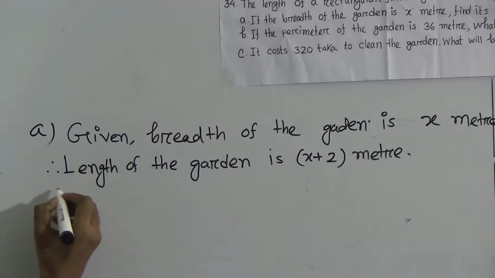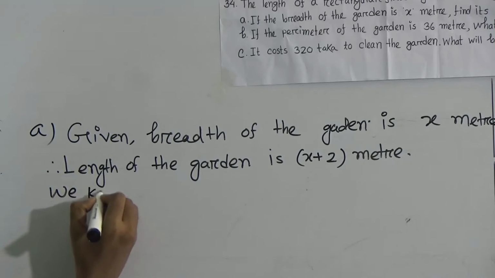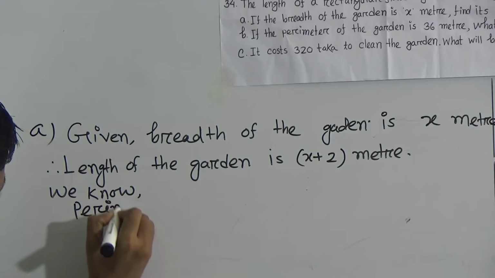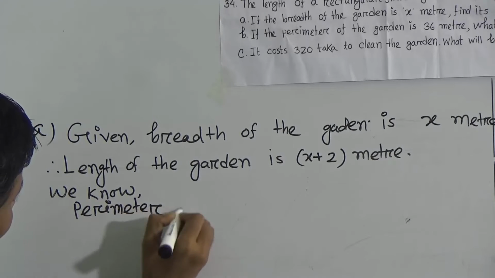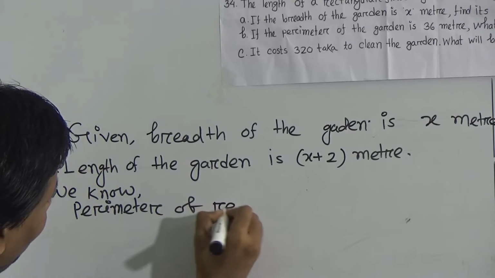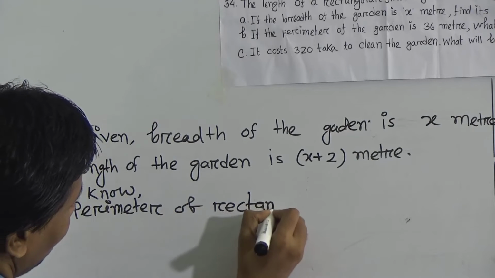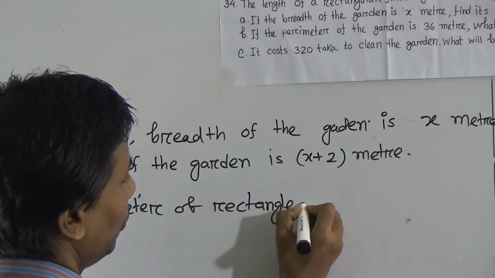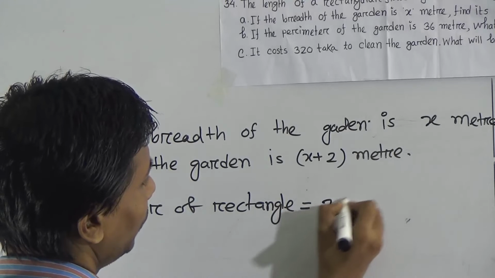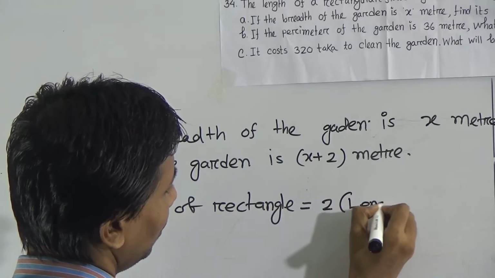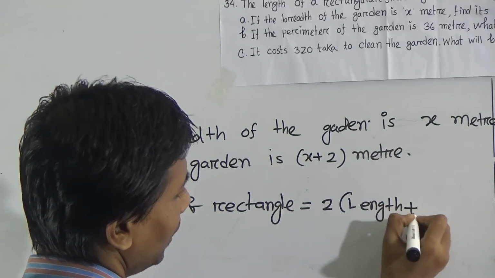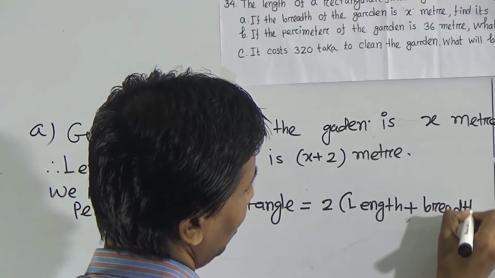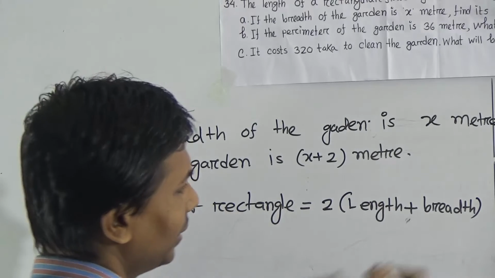Okay, we know perimeter of rectangle. We know perimeter of rectangle is what? 2 into length plus breadth, into length plus breadth unit.